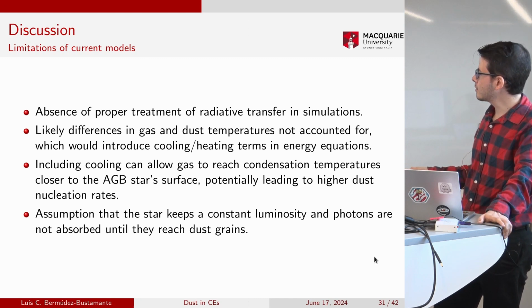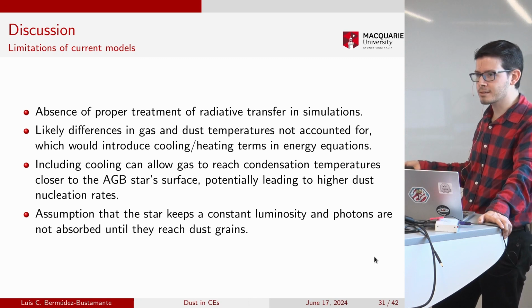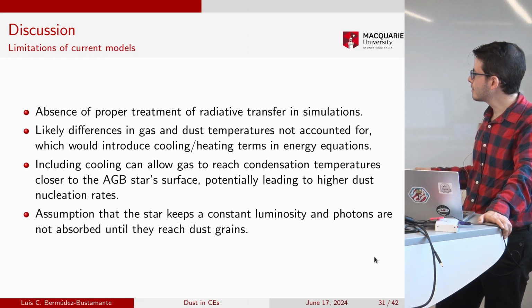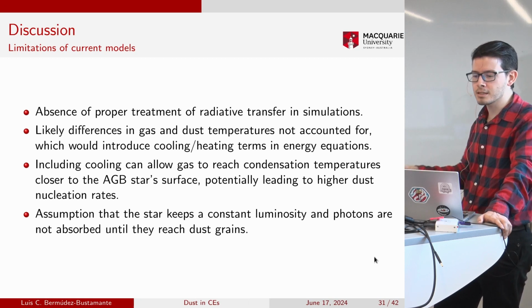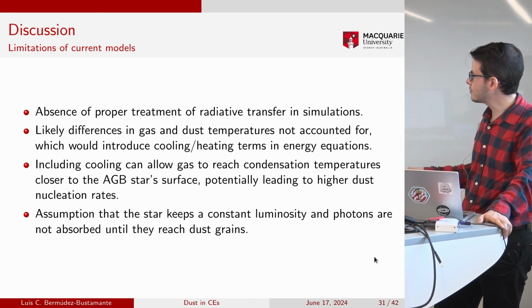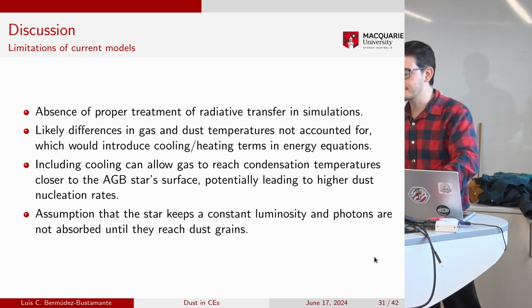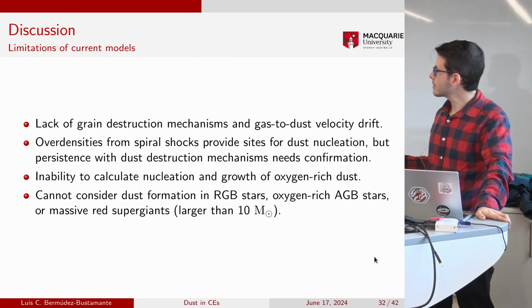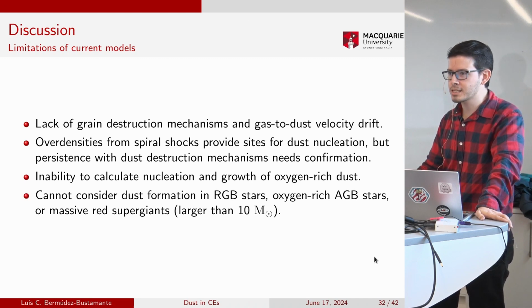Another thing is that we consider a constant luminosity for the star, so the radiative pressure keeps the same value. We also consider an optically thin envelope, so the radiation that hits the dust grains is the direct stellar light. Also important, we do not consider grain destruction mechanisms.